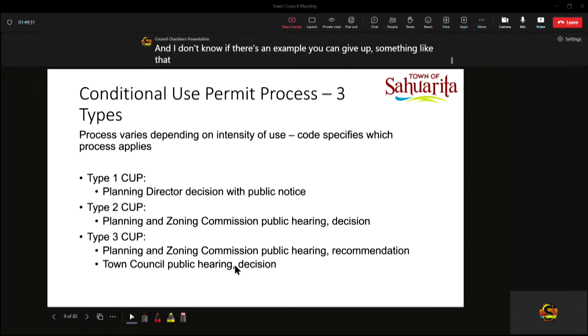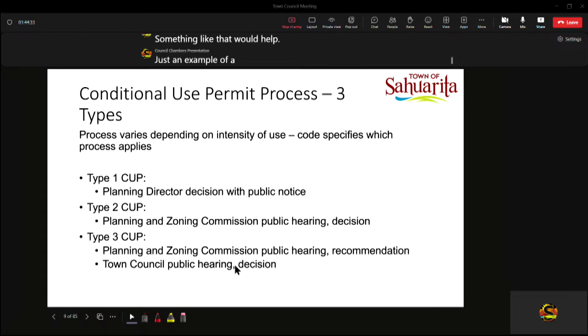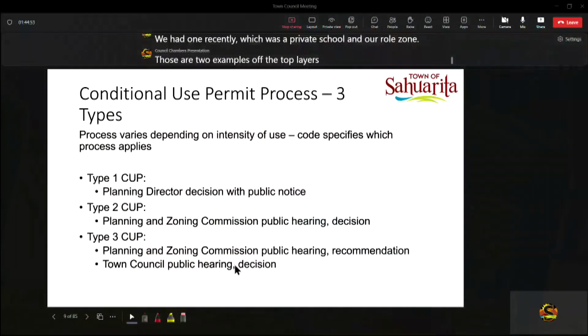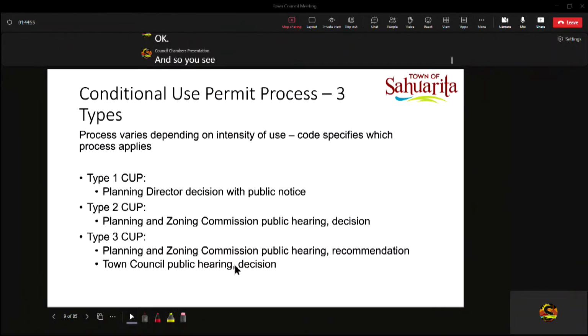Yes, an example of a type 1 CUP would be a home-based business in a residential zone that has a little bit more outdoor activity than you might normally anticipate. We had one recently which was a private school in a rural zone. Those are 2 examples off the top of my head. Okay, so you can see relatively low impact.